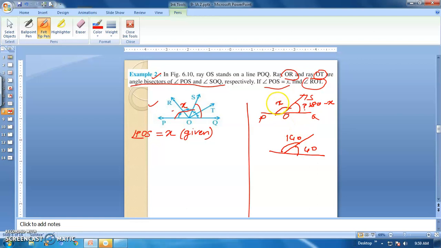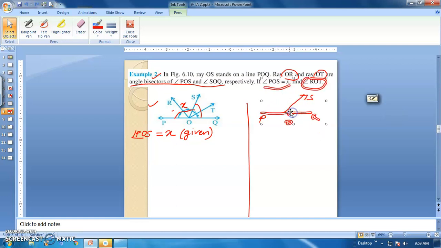So likewise here, this one is X, which means this one is 180 minus X. So POS equal to X, therefore angle SOQ equal to 180 minus X.